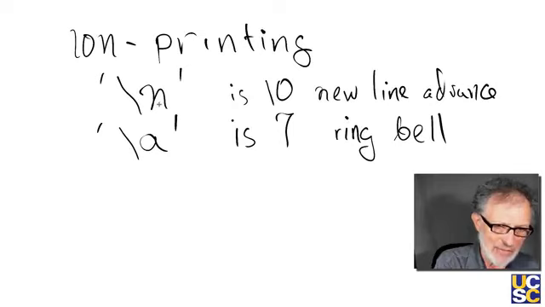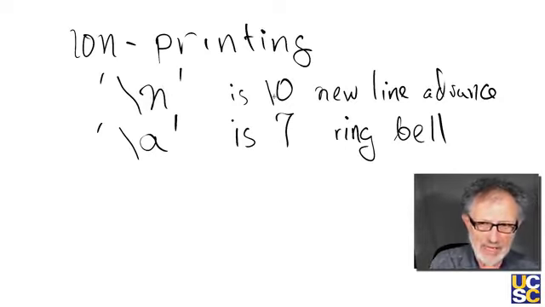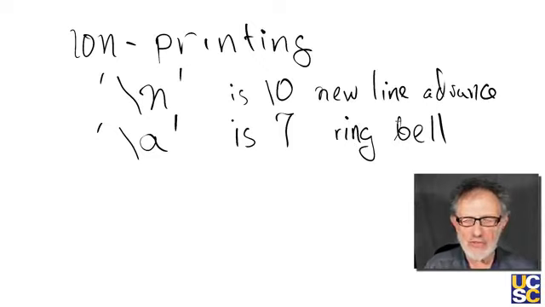So the idea is \n is a special non-printing character, and indeed when you put it in a printf, its integer value is 10, but what it does is advance to the next line on the screen. \a is also a non-printing character, its value is 7, and if you were to use it inside a program, it would, on your system, ring a bell or make a sound. So that's the character set you can use.